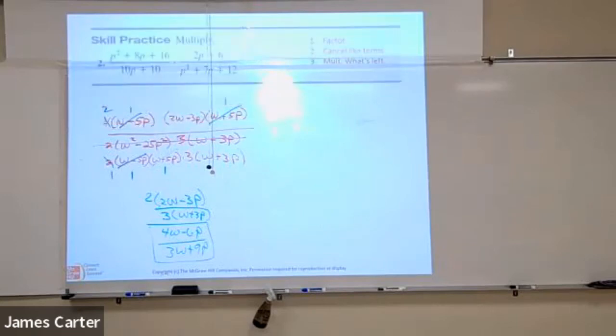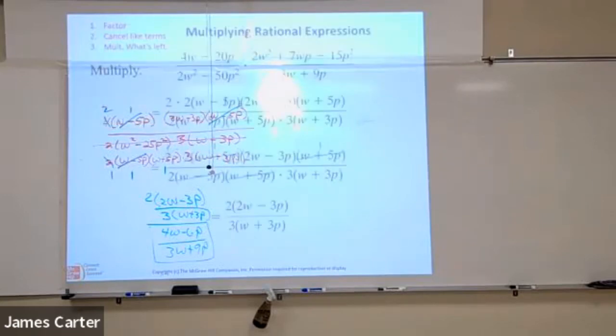And they didn't even finish multiplying this one out. But that would be factored though, right? Yeah, that would be factored, so, yeah, I suppose. I wouldn't count either one of those 2 answers wrong.